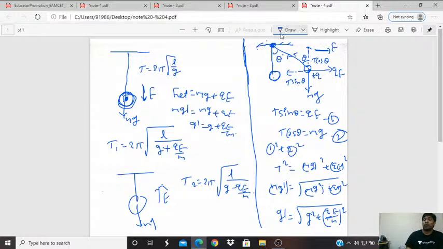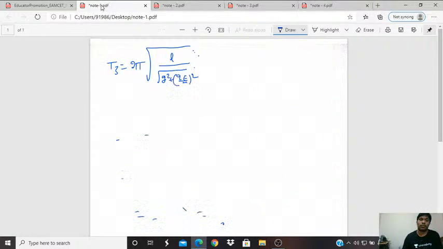In that case, no electric force will act, because electric force will be balanced. So electrostatic force does not provide any component to the restoring force. So time period does not change, remains same. So 2 pi root of L by G only when we place a similar charge here. Okay, now? So that is the application of electric field. So very, very important applications these are.